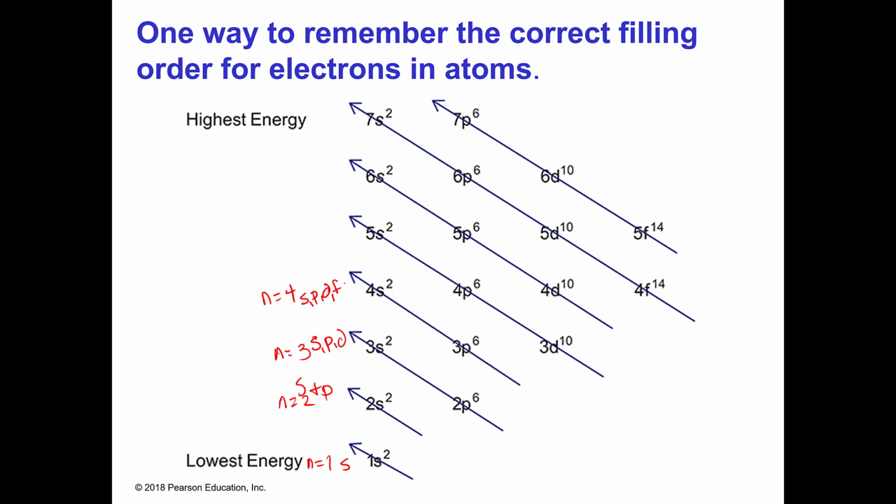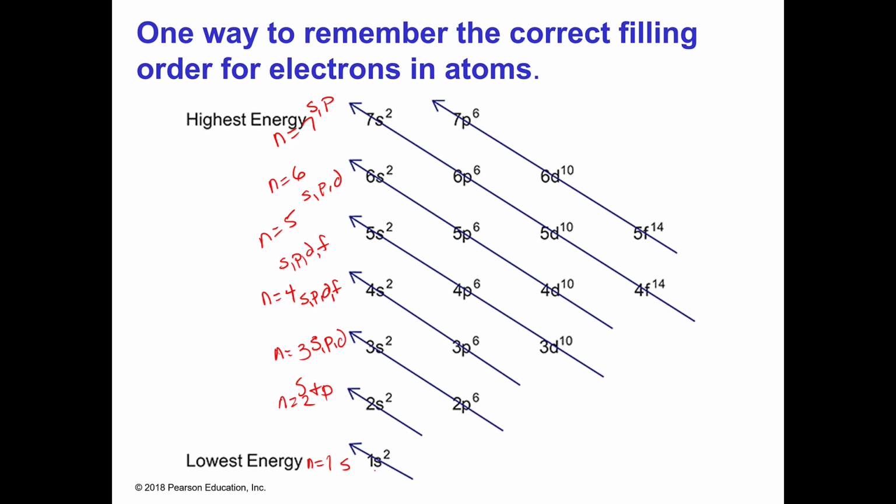And then in the pattern, with n equals 5, you're still able to have S, P, D, and F. And then you're going to go back down. When you get to 6, you can only have S, P, D. And when you get to 7, you can have S, P. See how that works?